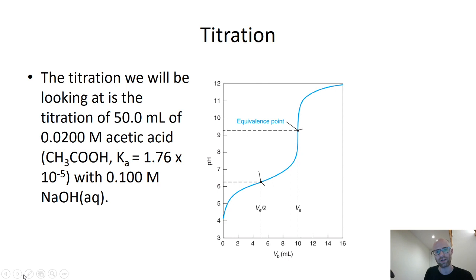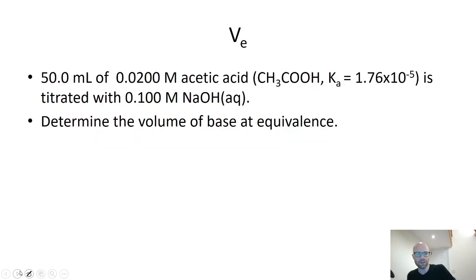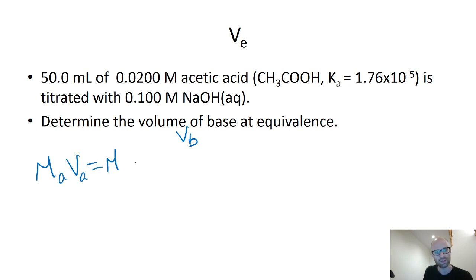Here we have our Ka value for our acetic acid, 1.756 times 10 to the negative fifth. We've got a 0.02 molar acetic acid solution and a 0.1 molar sodium hydroxide solution. So given that information, we could probably figure out the equivalence volume, which we're looking for as a volume of base, right? So remembering our old titration equation, VB here we're going to call VE.